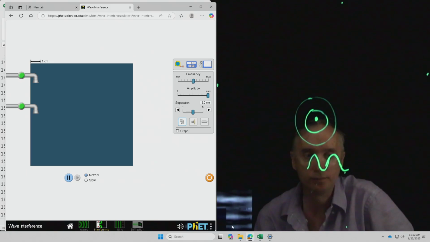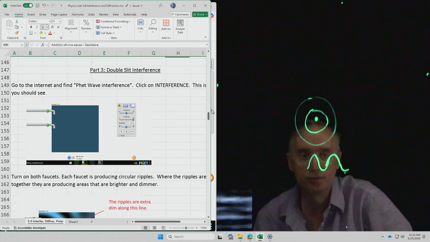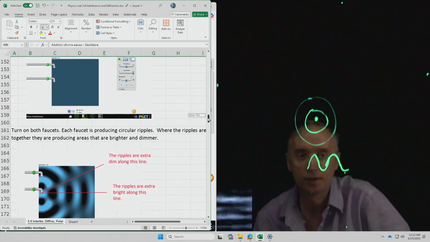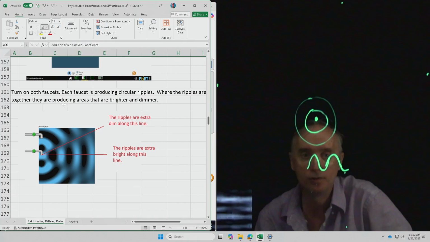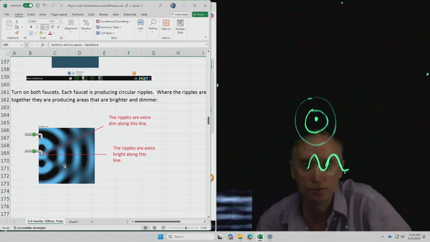So this time, let's go back to the lab here. It says to turn on both of the faucets, and it's going to be causing circular ripples. And then where the ripples are coming together, they're producing areas that are brighter and dimmer. So in this picture here, you should notice that the blue area is brighter along this line.